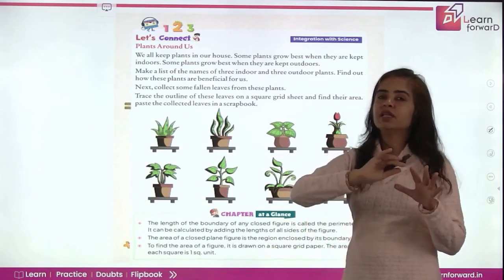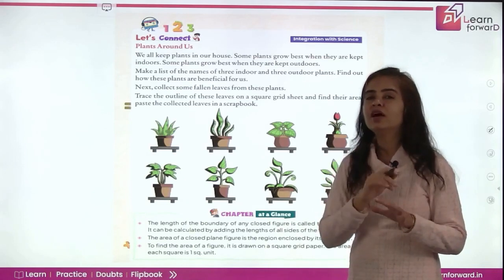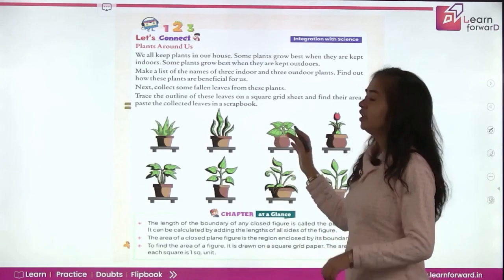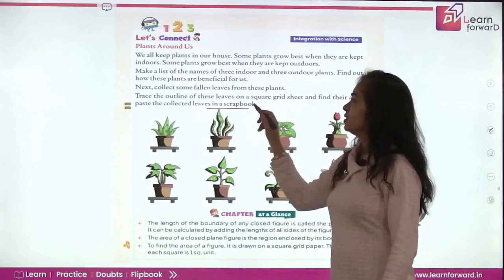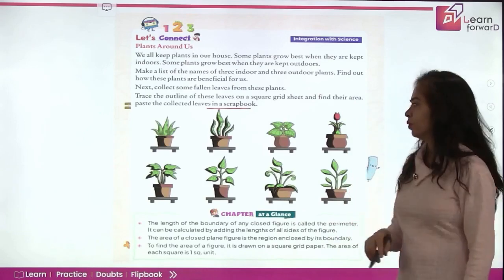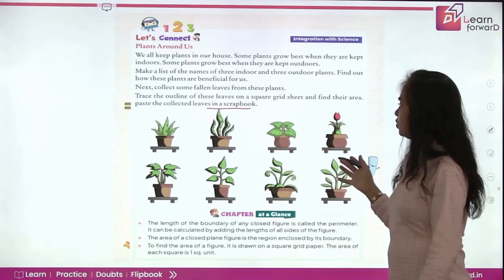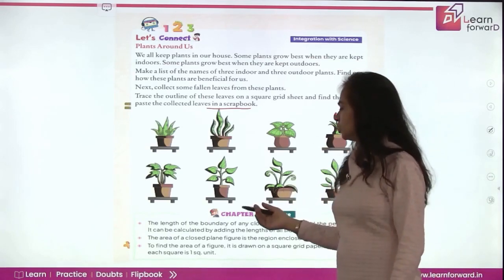You will be putting them on the squared sheet, draw the shape, and then find out the area of each leaf, and then you will be using these collected leaves and pasting them in a scrapbook. So these are the different examples of different plants you have at your home. You can collect from your own collection.